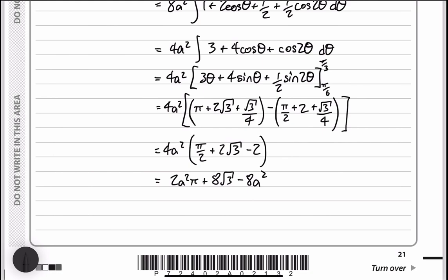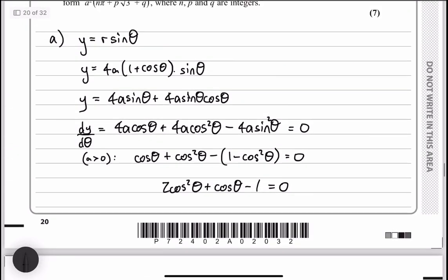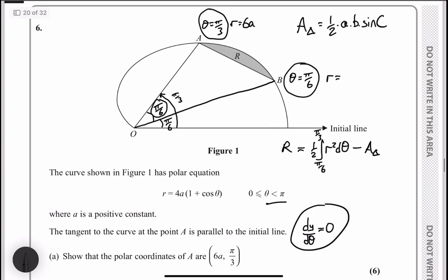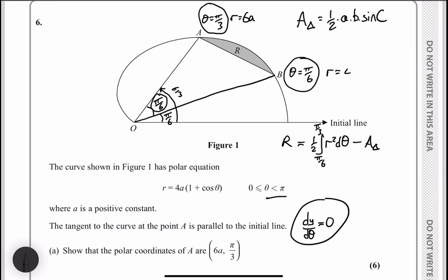Now remember, that's the integral, so that's all of the area between OB and OA. Now we need to subtract the area of the triangle, a half AB sine C. I haven't even figured out what R is for OB yet, so let me do that now. That's 4a times 1 plus cosine of theta, which we said was pi by 6.